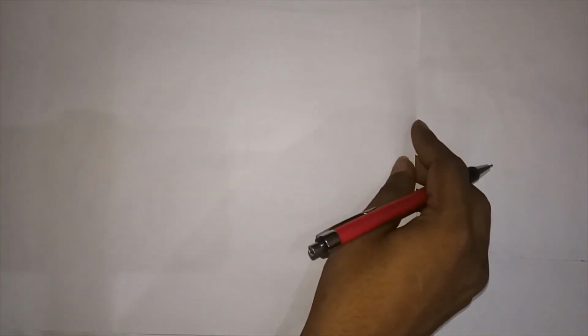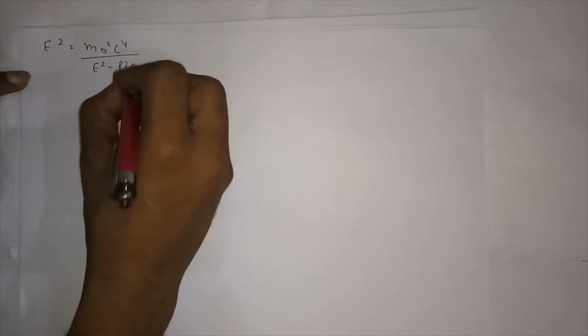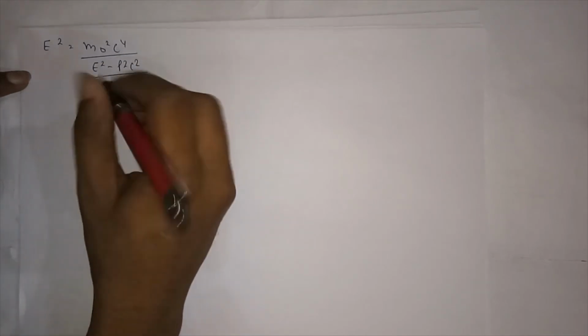Now moving forward, we will get E square equal to m naught square c to the power 4 upon E square minus p square c square upon E square.